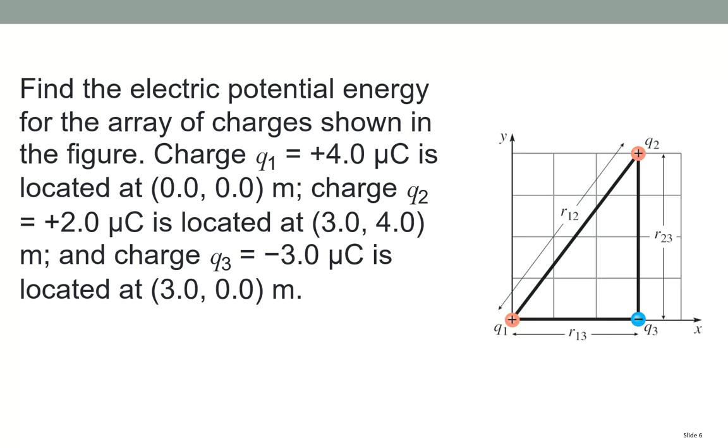Is that like R13, number 13? Okay, so Max's question, R13, that's the separation between 1 and 3. Actually, I didn't make this, but it's how the subscription chose. So the separation between 1 and 3, if you look at the values here, charge 3 is located at x equals 3, y equals 0, and charge 1 is located at 0, 0. So that's 3.